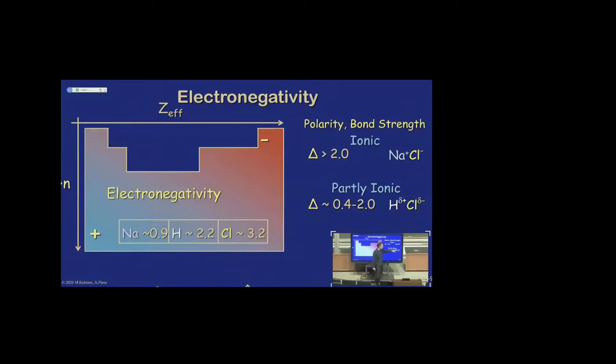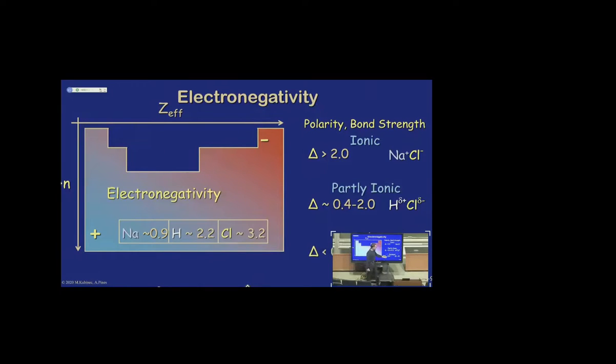So this is not full +1 and full -1, but the electrons do favor the chlorine. So we say there's a partial negative charge on the chlorine, and that results with a partial positive charge on the hydrogen. So those are what we'll call polar covalent or partially ionic.